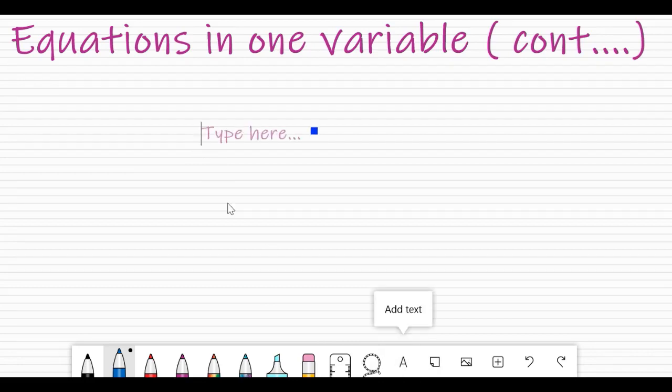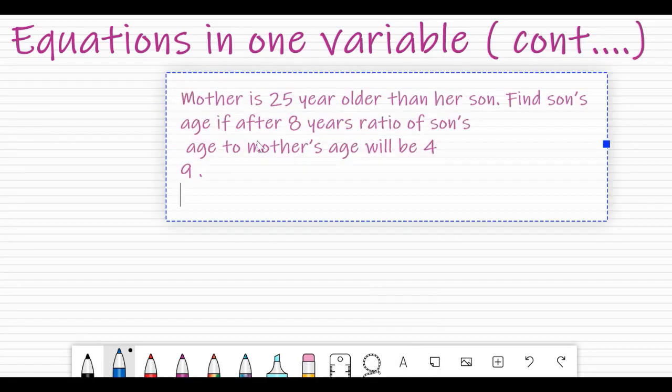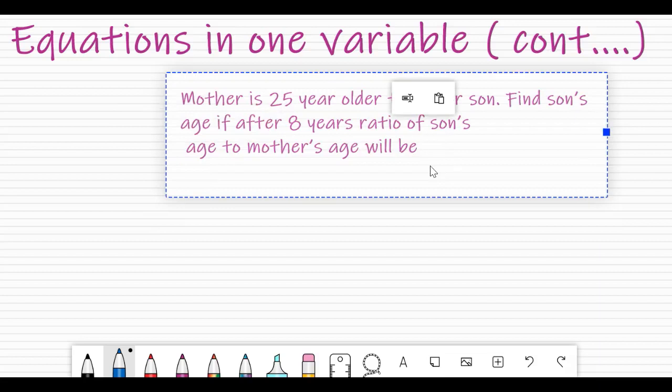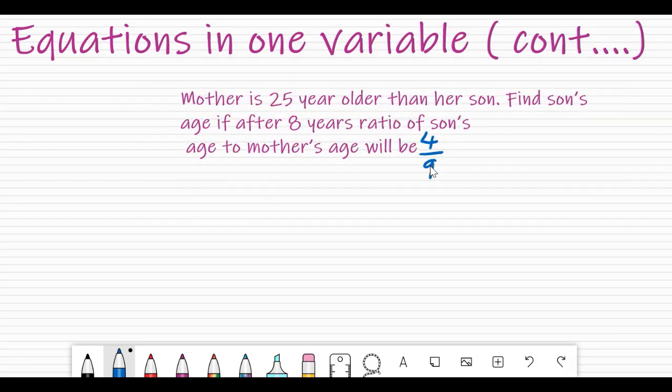Let me try to copy that question here. This is 4/9, correct? It is given that it is 4/9 after 8 years from now. So what is the method? Something which is asked or something which is unknown to us will be considered as a variable. Here normally we take it as x.